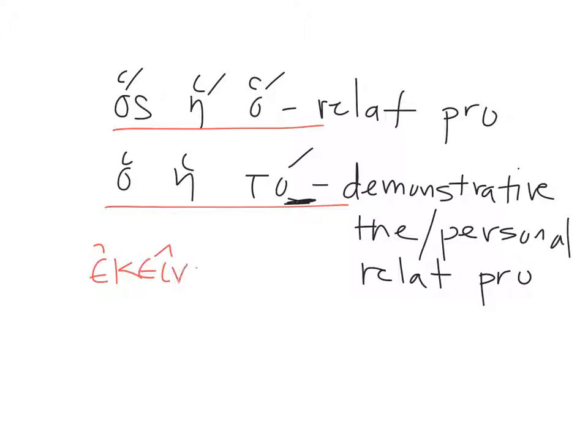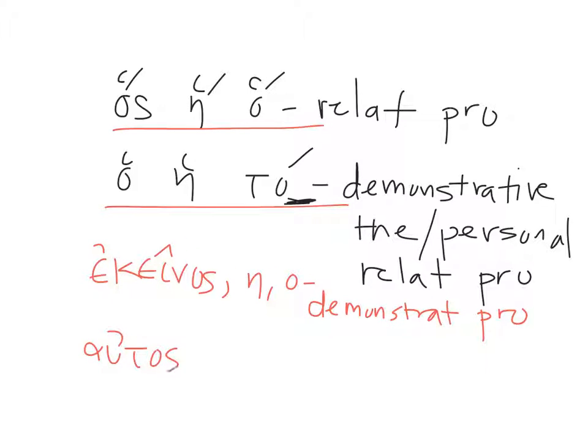That is the word that. It's a demonstrative pronoun. You'll also see it, however, used as he, she, or it, more or less as a personal pronoun. Really, it's a demonstrative. It demonstrates something, it points something out. And then there is autos, which we'll learn much more about later. It's a very tricky word.